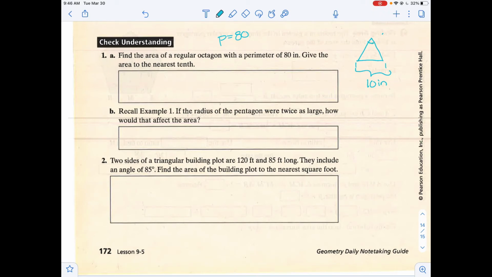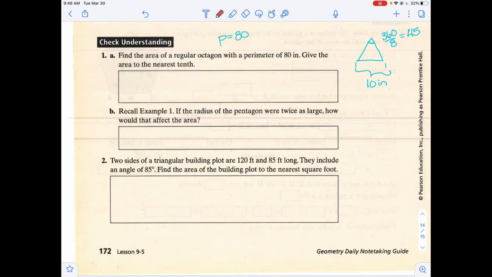And we know this angle is 360 divided by 8, which is 45.